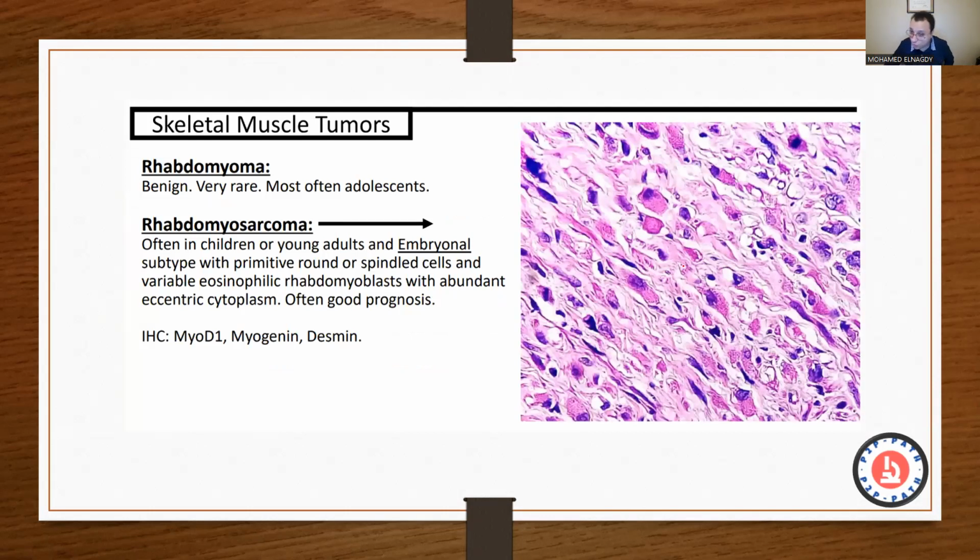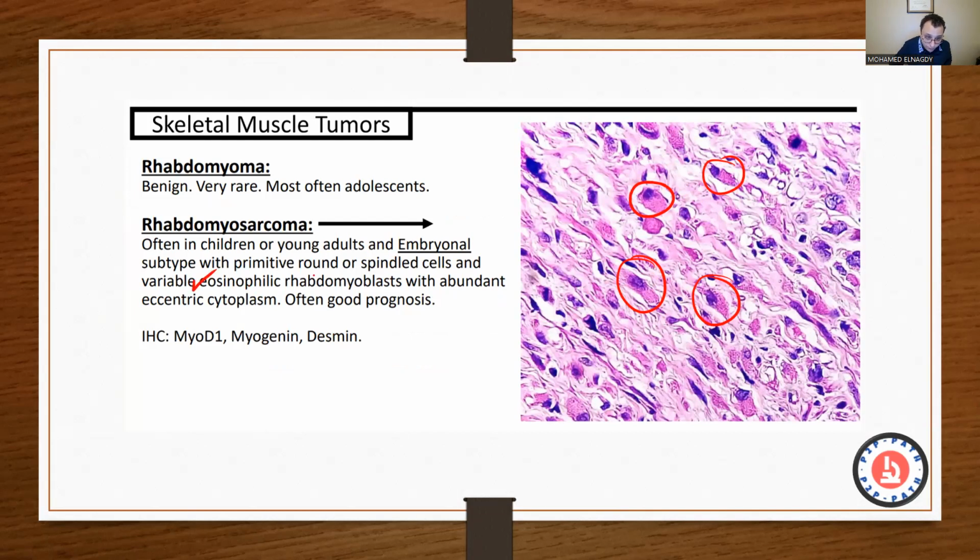Rhabdomyoma, rhabdomyosarcoma. I told you that you might have testicular rhabdomyosarcoma. It was asked in one of the Q banks, and the classic feature is you have these muscle cells, rhabdomyoblasts, with cytoplasmic striations. Please remember the cytoplasmic striations.